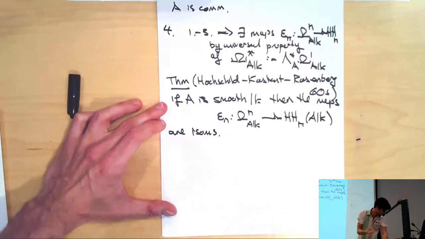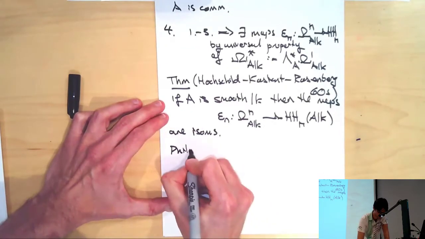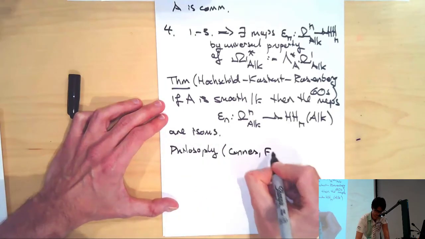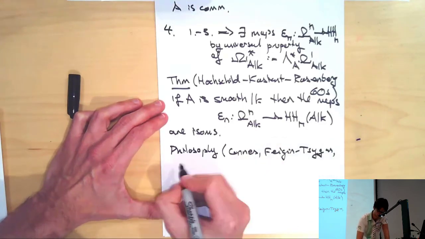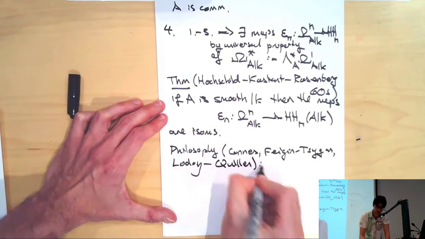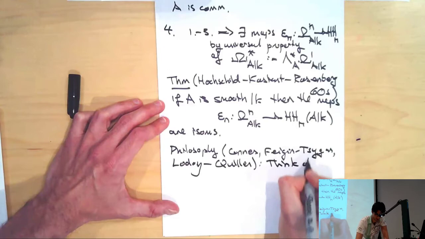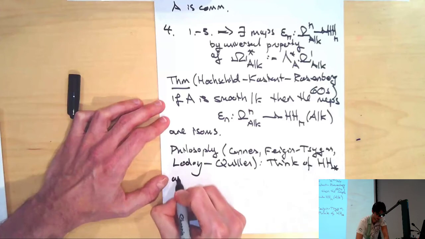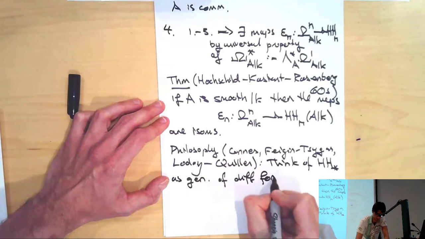And so then the philosophy that was floating around when this subject was introduced by Connes, Feigin, Tsygan, I guess one should also mention Loday-Quillen, is that even if you're not smooth, you can think of Hochschild homology, or maybe more precisely the Hochschild homology groups, as generalizations of differential forms.